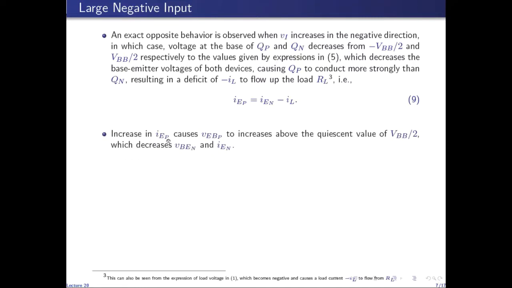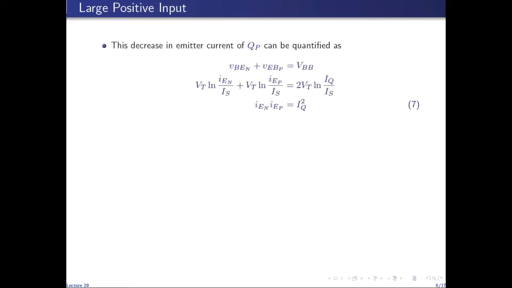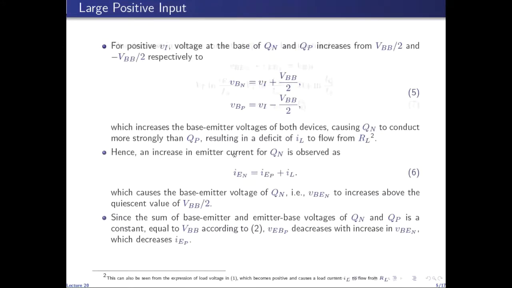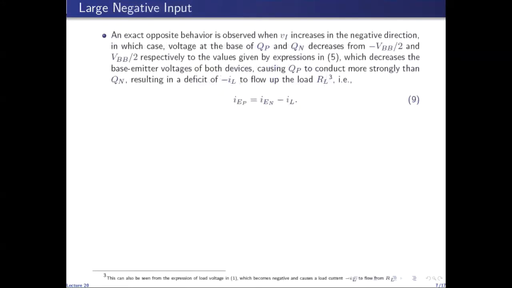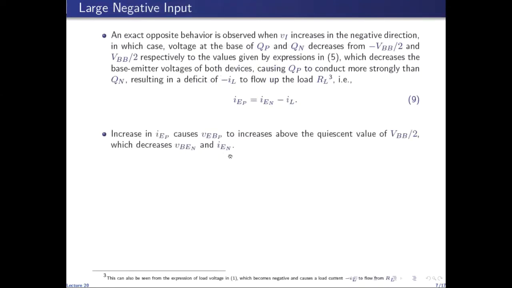So increase in IEP causes corresponding increase in the emitter base voltage of QP. And since the emitter base voltage of QP and the base emitter voltage of Qn add to a constant VDB, this increase in VEB of QP will cause a corresponding decrease in VBE of Qn, and this will further decrease the emitter current of Qn.